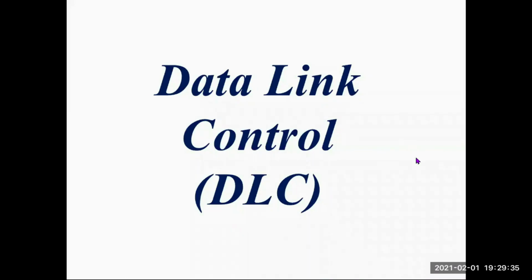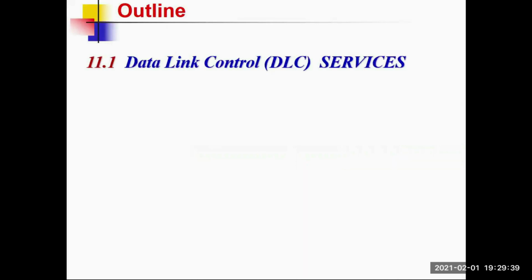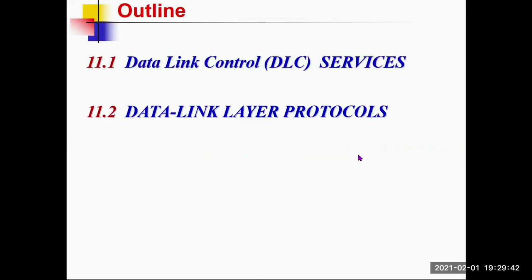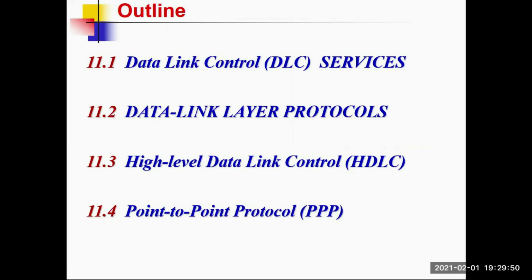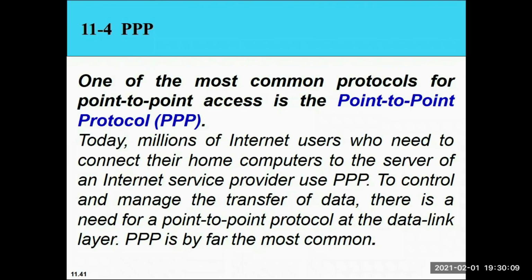Under the heading of data link control, after discussing data link control services, data link layer protocols and high level data link control, that is HDLC, now we will discuss the point to point protocol. One of the most common protocols for point-to-point access is the point-to-point protocol.